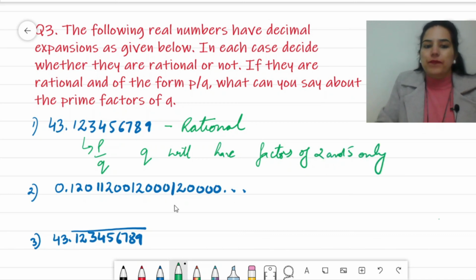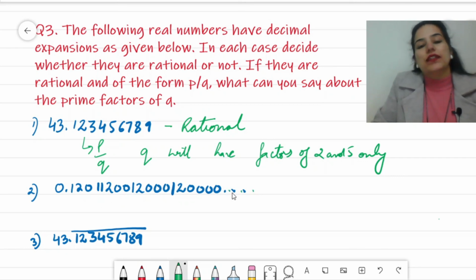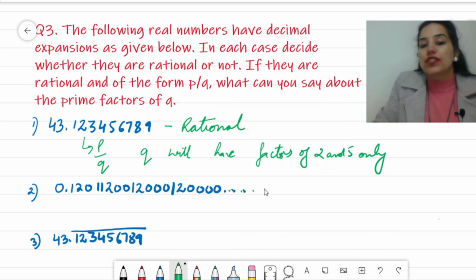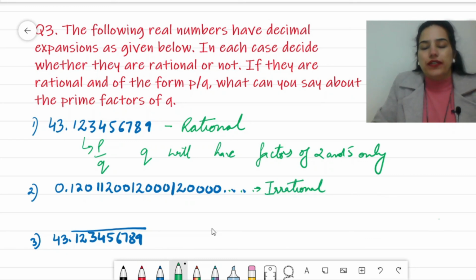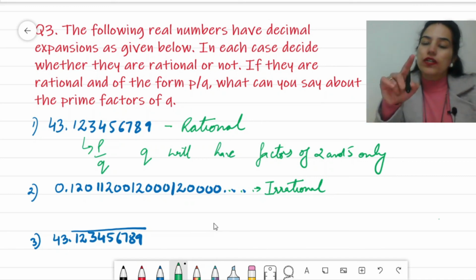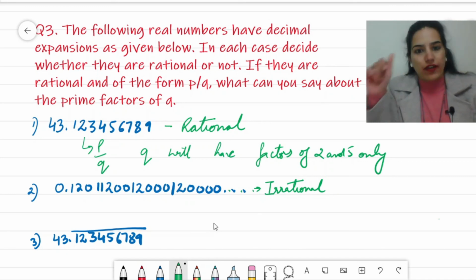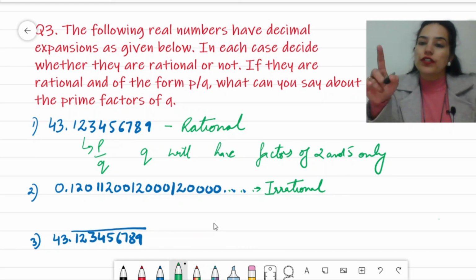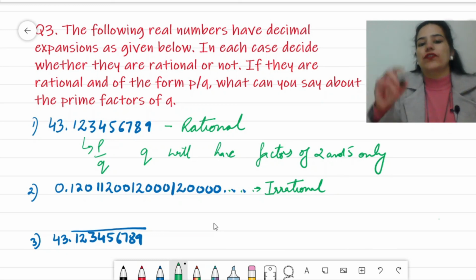Then the second part. Now this, if you see here, these dots tell us that it is not ending, it is not terminating, and neither is it repeating. So this case is an irrational number, right? Non-terminating but repeating are rational, but not terminating, not repeating are irrational.